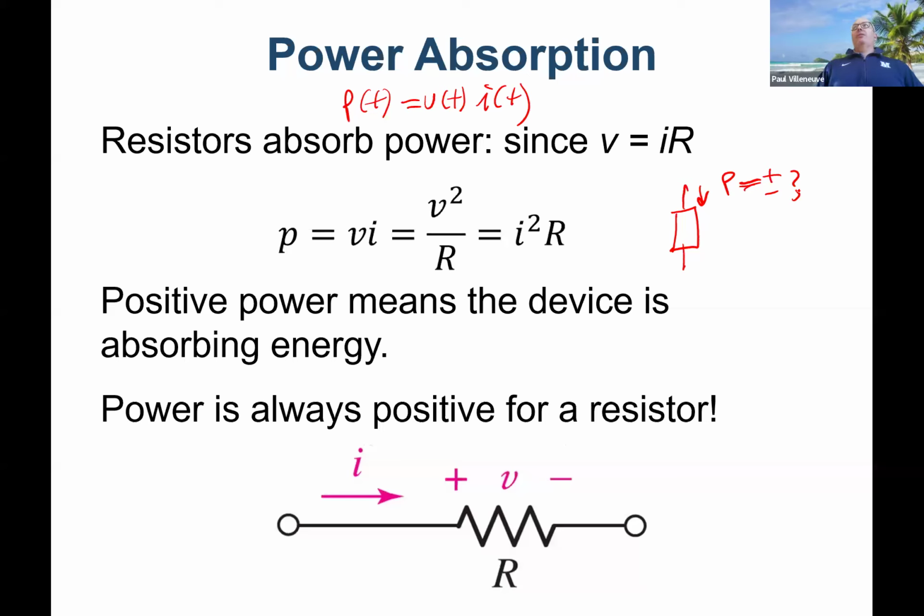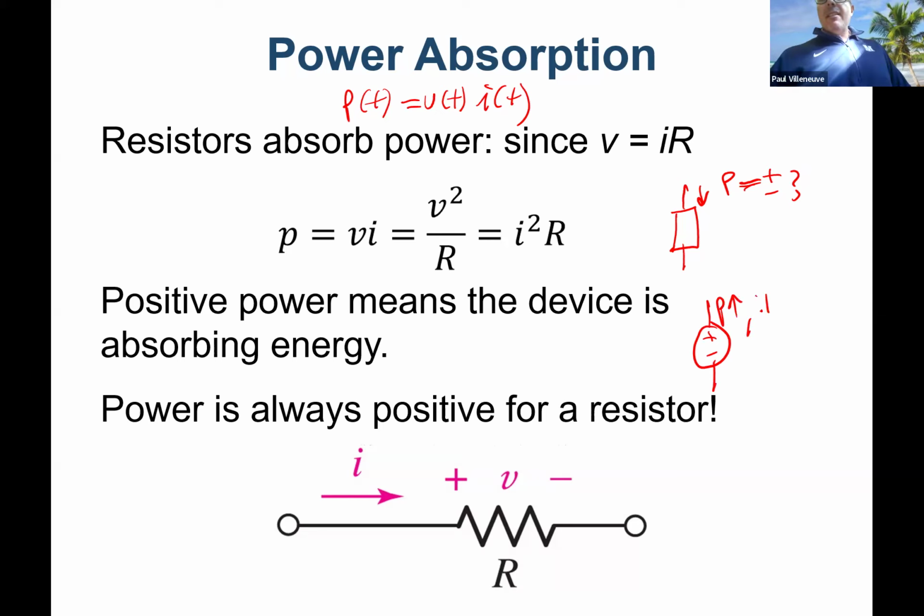But what if this is a source? So in a box, right? Here's the hard, sort of tricky thing about whether power is positive. It usually is based on coming up with some assumed value. So if I have a source here, we assume that P is going out of the source, right?